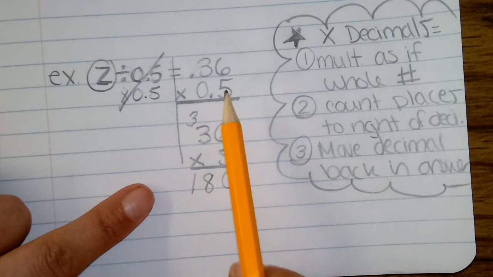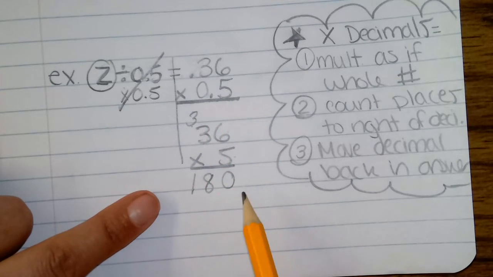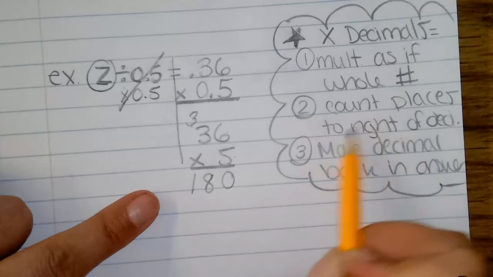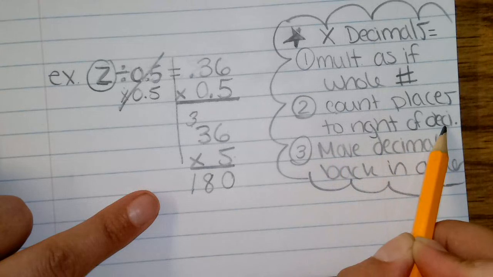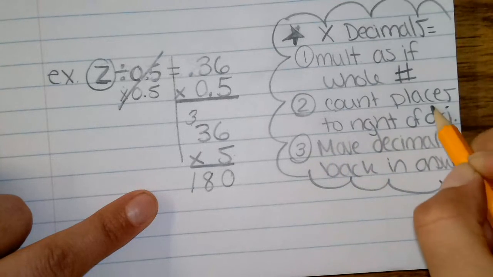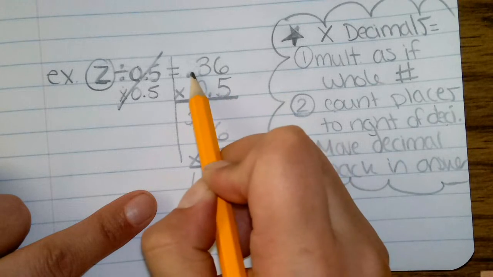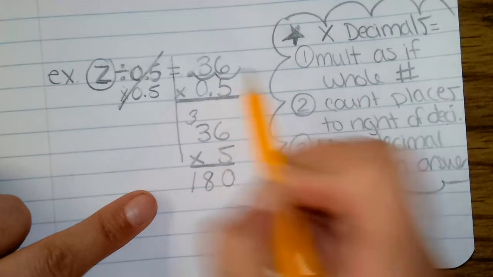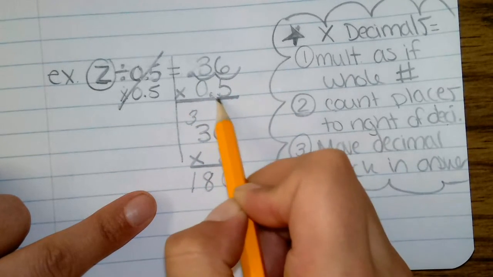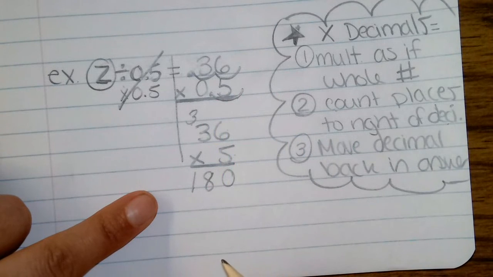So what do I have to do to figure out where my decimal point goes? I have to count the number of places to the right of the decimal. D-E-C-I, decimal. Okay, so let's start up here in my original equation. I have 1, 2, 3 places to the right of my decimal points.